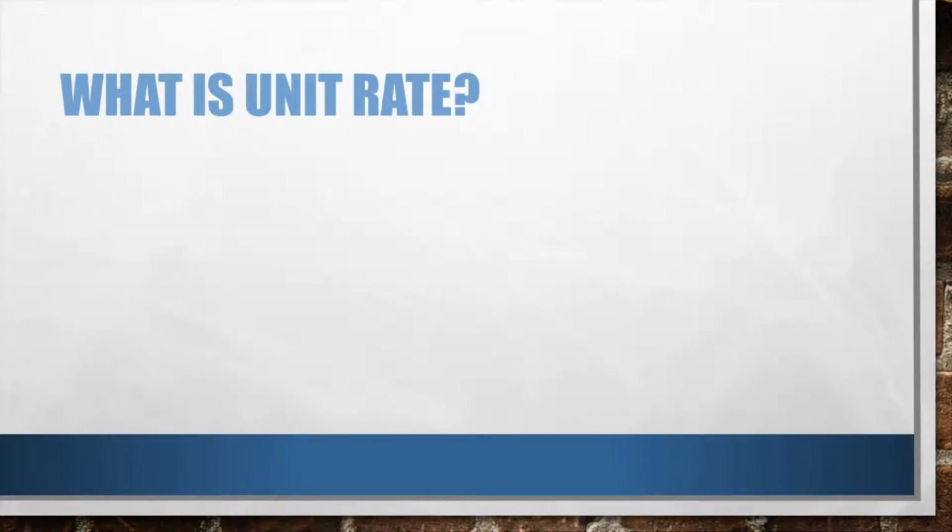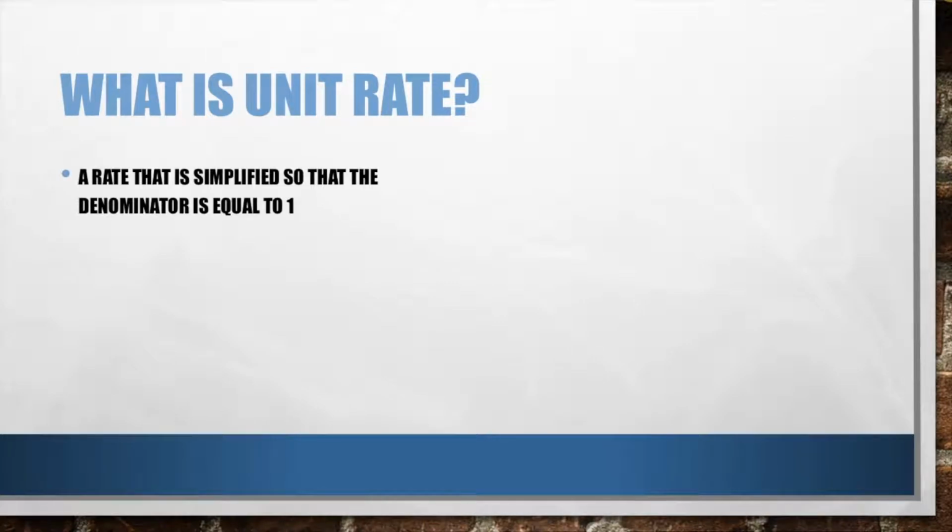So now that we know what a rate is, we need to know what a unit rate is. A unit rate is a rate that is simplified so that the denominator is equal to 1. We have to think back to the fraction form of a rate and know that we can simplify it to where the denominator is 1. What does that allow us to do? It allows us to find the value of one item.